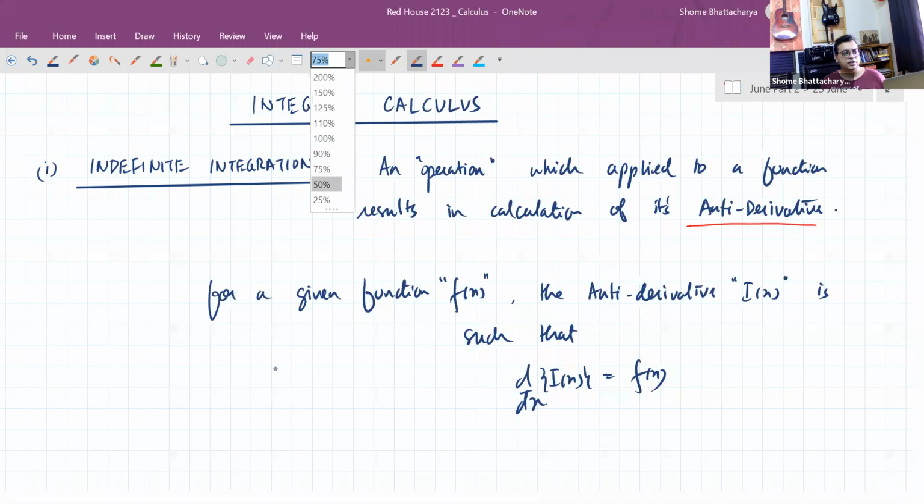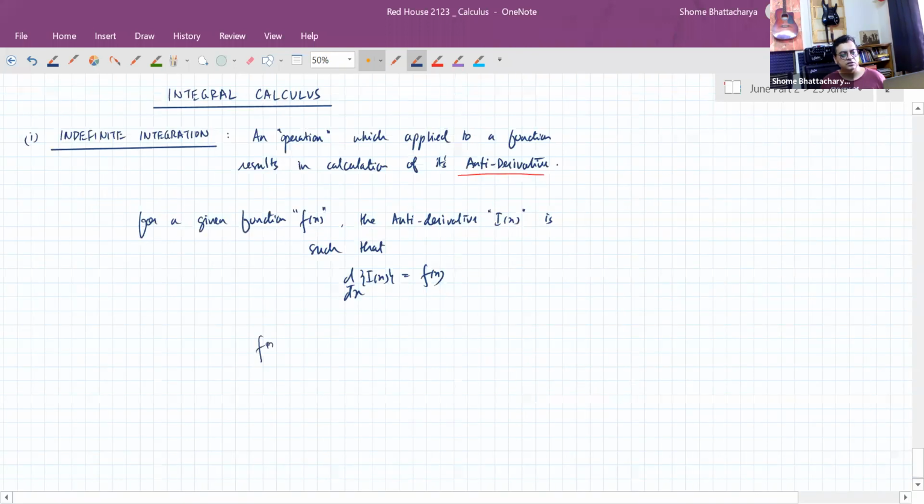We can also visualize the relationship between a function and its antiderivative like this: if we differentiate this, it gives us this, whereas if we integrate this, it gives us this.